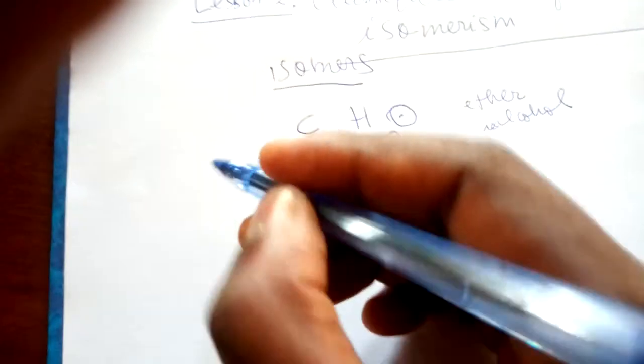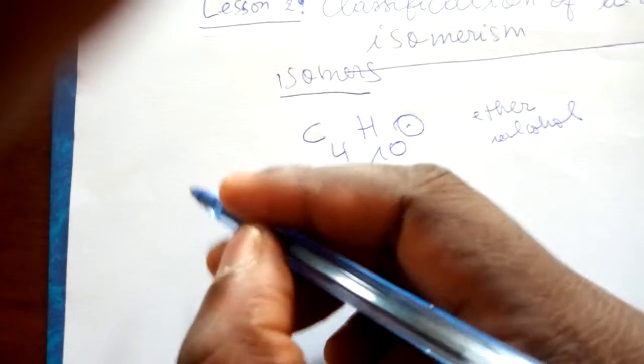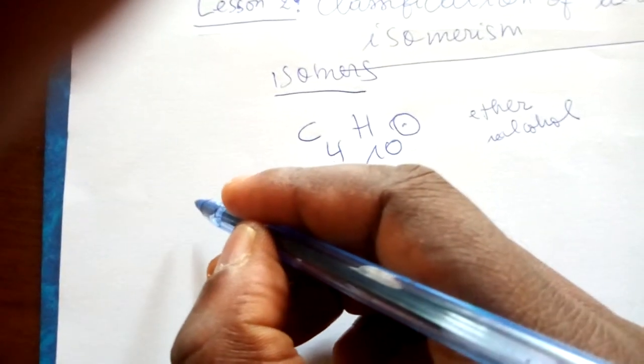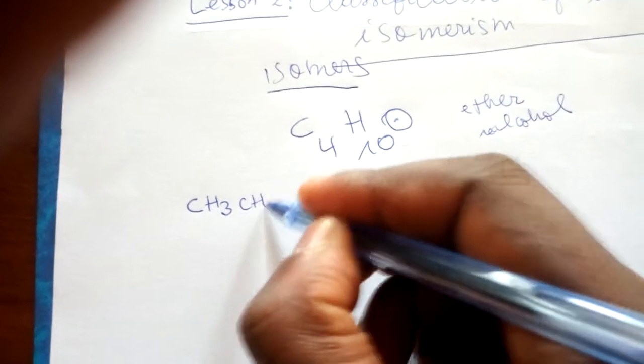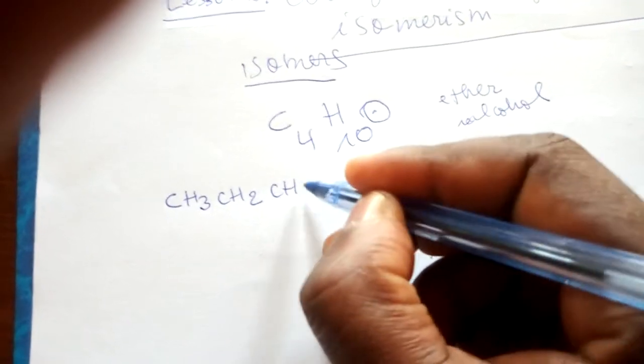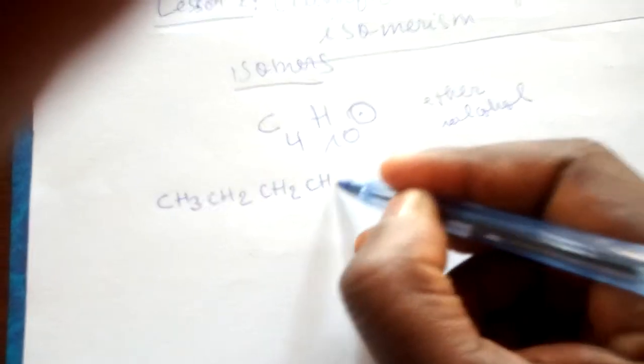But in this case, when we want to show that alcohols are isomers, we can write the structure CH3, CH2, CH2, CH2, OH.